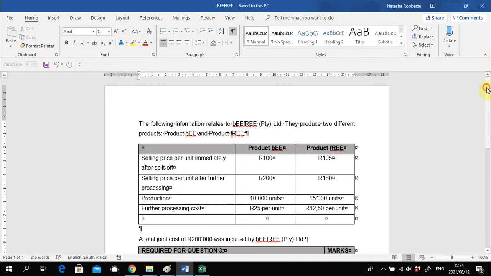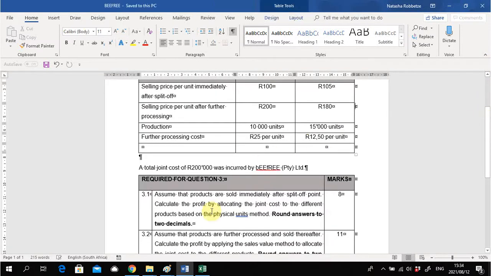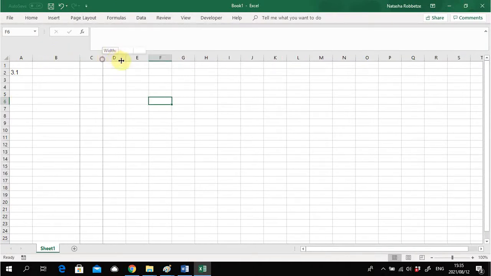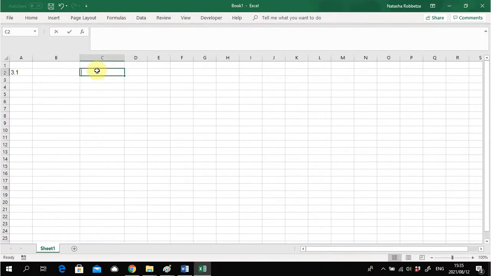So in the first required part, they tell you that the product is not further processed, it's immediately sold, and that you need to allocate the joint cost based on physical units. So let's see. In 3.1, we have two products, B and Free.